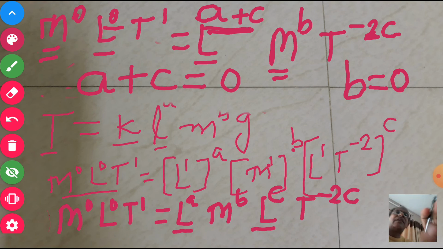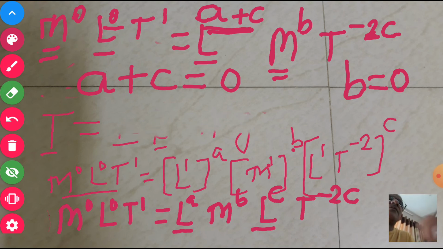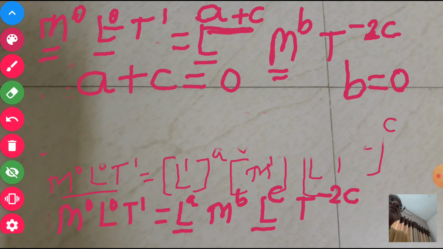Now we go for the third one. So third one is the base T. Now see, T raised to minus 2C is there on right hand side. So we can say minus 2C is equal to 1.